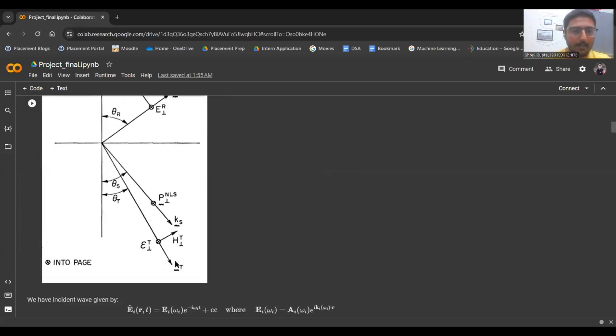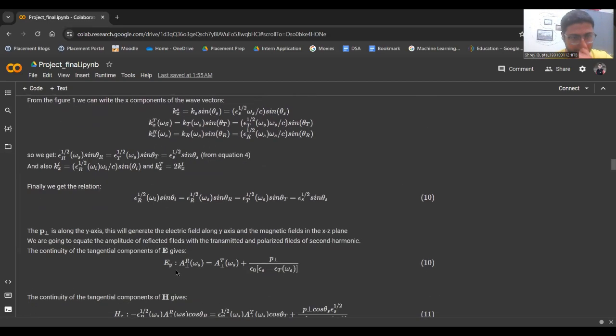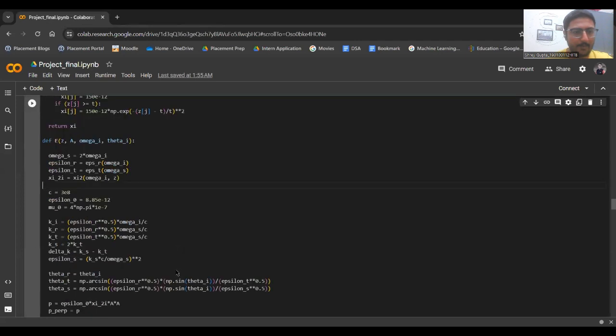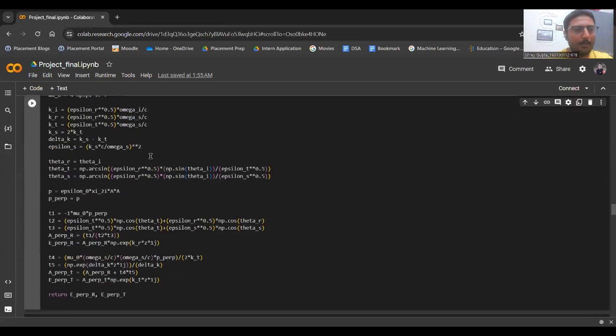This is ks, this is kt, and delta k is in the z direction. And epsilon s is again kc upon omega s cos square. Now here we are trying to define the angles of the reflected, transmitted, and second harmonic waves in terms of the incident wave.